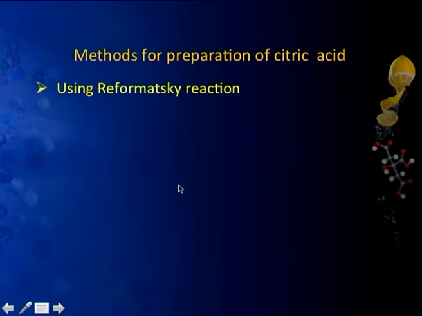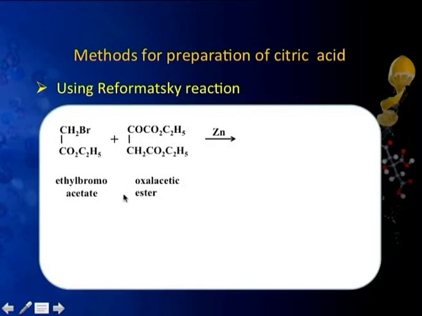So using this reaction between these two compounds, one is ethyl bromoacetate. This is an alpha bromoester. This is the alpha carbon having bromine, and it is treated with oxalacetic ester. This is the carbonyl group here of the oxalacetic ester, where its zinc product adds on.